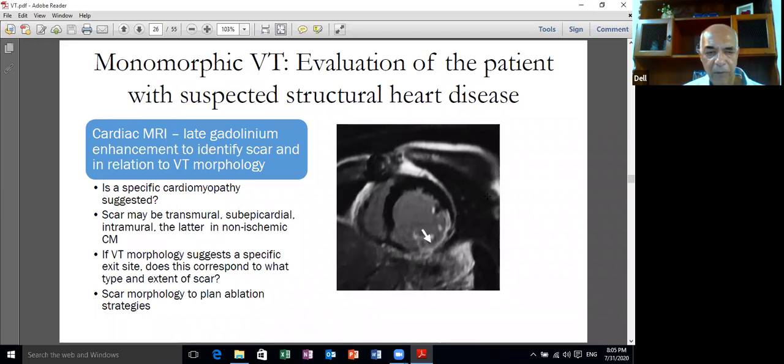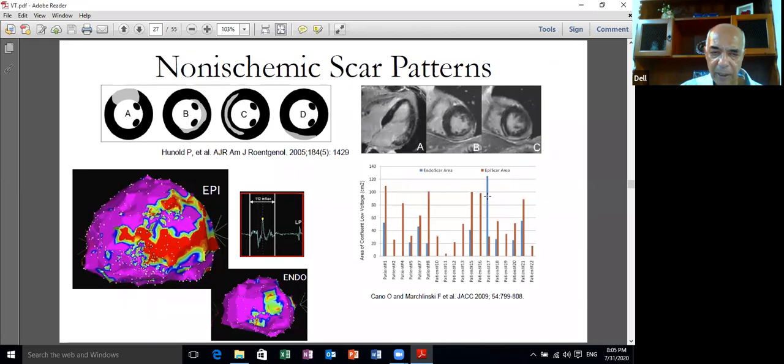The VT morphology suggests the specific site of origin in these conditions, which usually corresponds to the type of the scar, and the scar morphology is an essential component of the circuit and establishes the need for ablation in these circumstances.